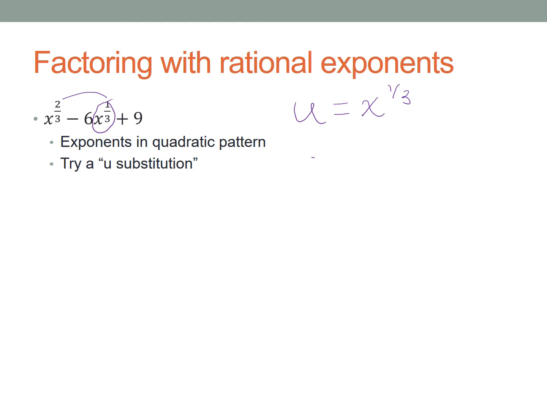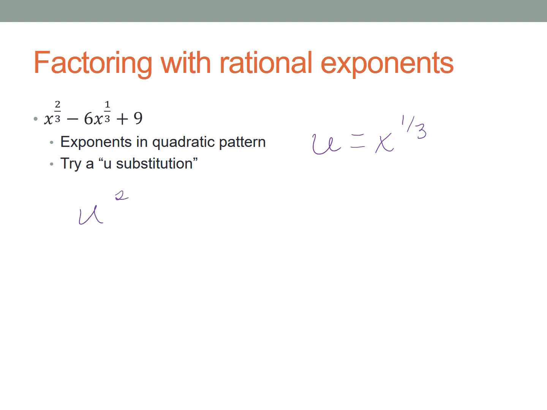If I take x to the 1/3 power and I square it, that gives me x to the 2/3. So I can rewrite that as u squared. So we have u is equal to x to the 1/3.